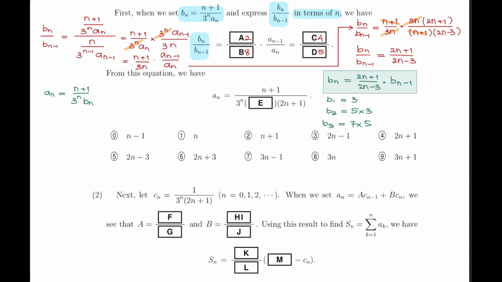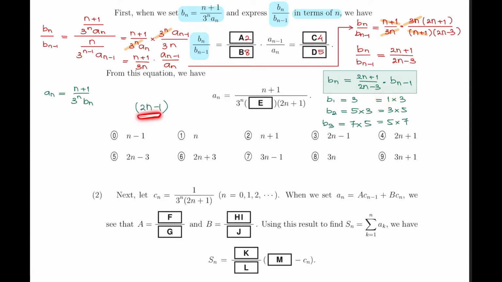I can rearrange it as 1 times 3, 3 times 5, 5 times 7, and so on. To express an odd number, we can use 2n minus 1. You can see if I substitute n with 1, I got 1.